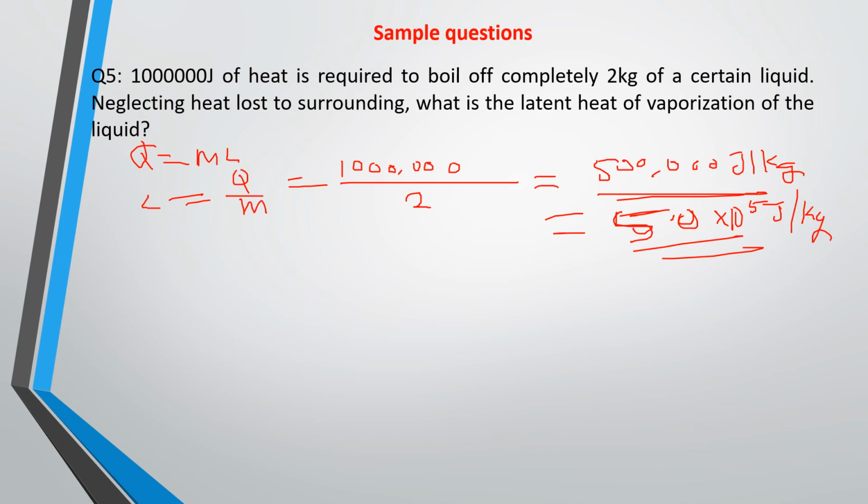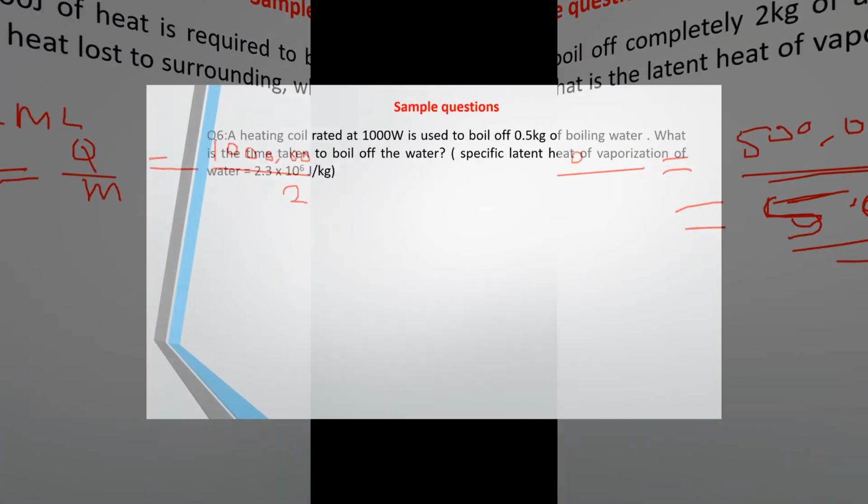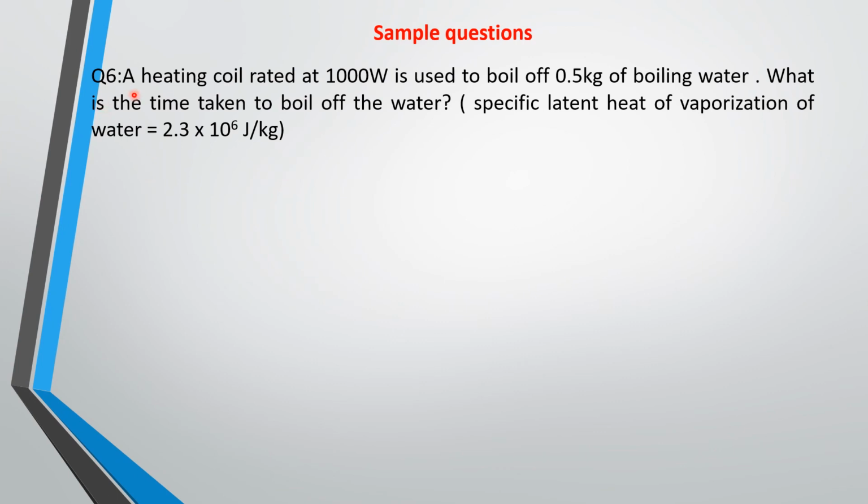Okay, then let's do one more. This one says a heating coil rated at 1000 watts is used to boil off 0.5 kg of boiling water. What is the time taken to boil off the water? Specific latent heat of evaporation of water is 2.3 times 10 power 6 joule per kg. Fine.